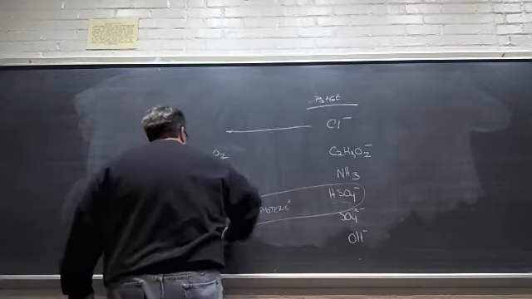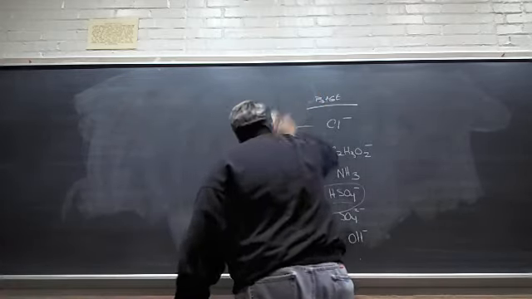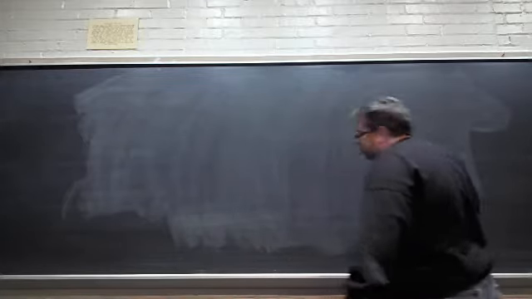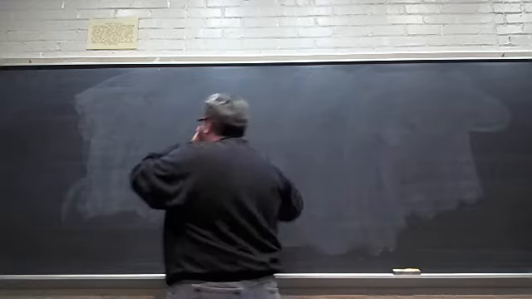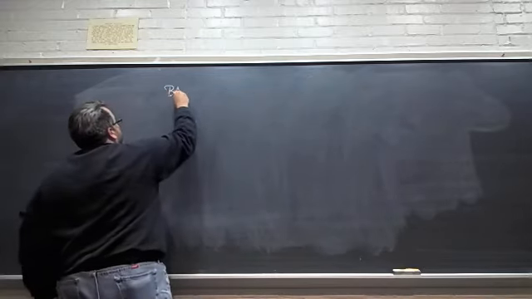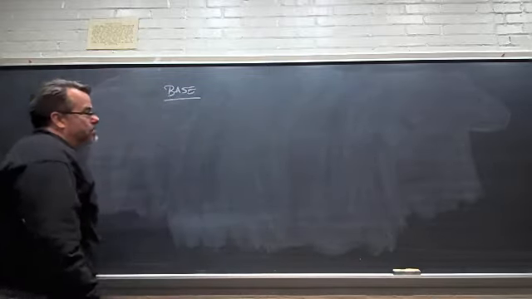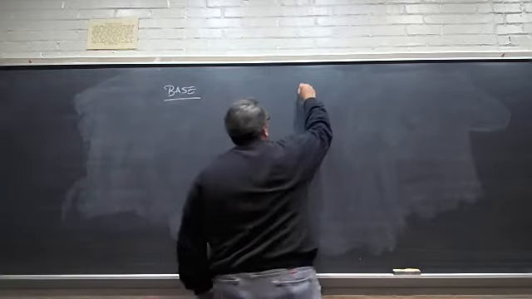Okay. All right, let me do just a couple more. I want to do a couple of these going in the other direction. This is a really common quiz or exam problem. Here's a list of acids, what are the conjugate bases? Or here's a list of bases, what are the conjugate acids?